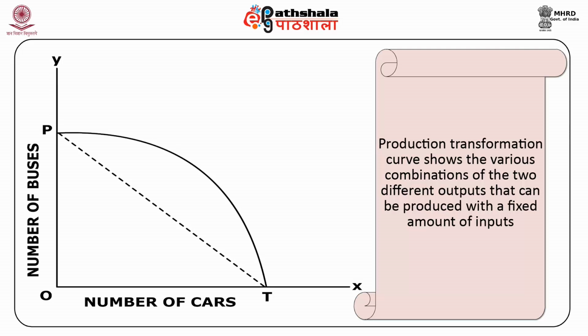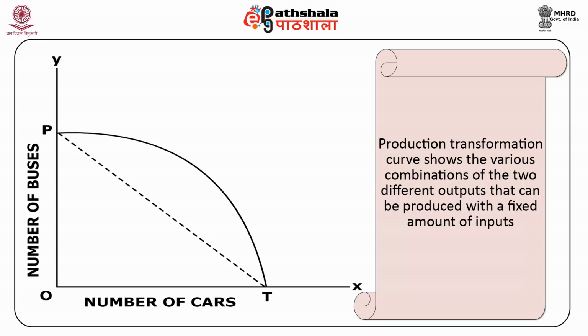The curve is concave in shape, explaining the economies of scope in production. The concave shape explains the advantages of joint sharing of resources, management, expertise, which leads to cost advantages.